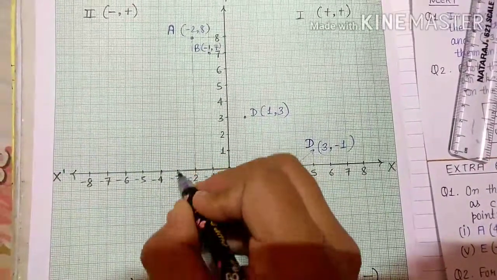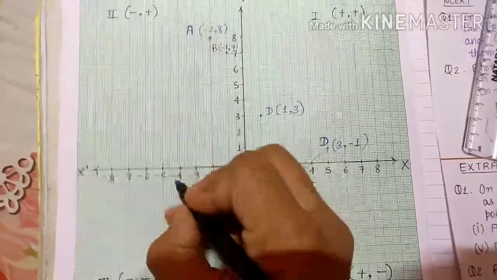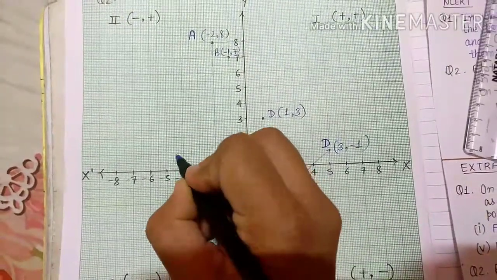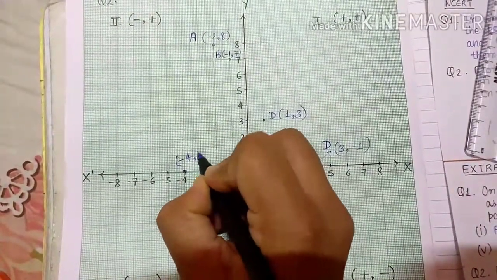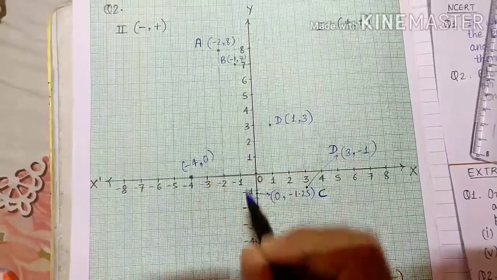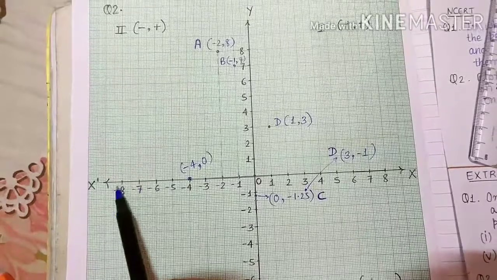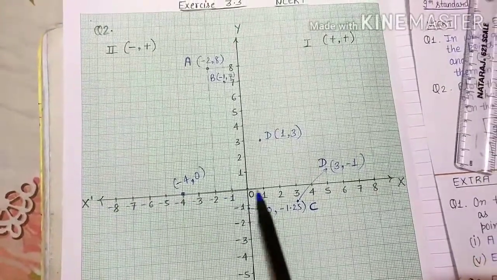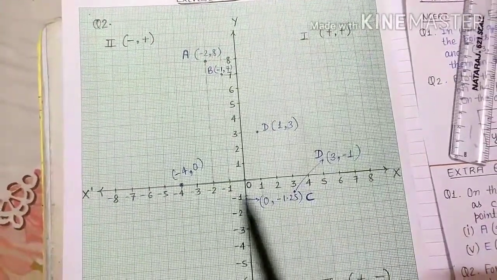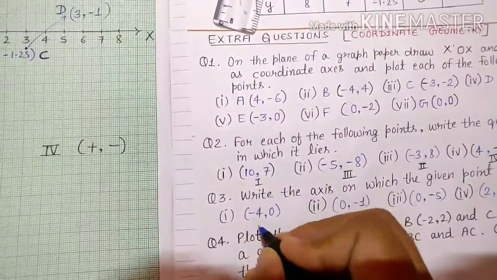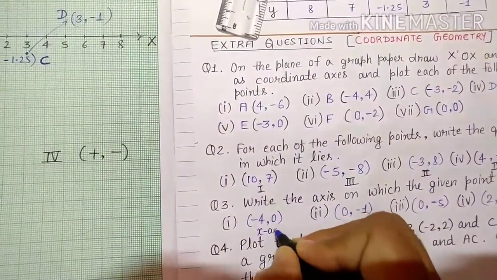So it will lie on this point only. Now check on which axis it lies. It lies on this horizontal one, which is the x-axis. So minus 4, 0 lies on the x-axis.